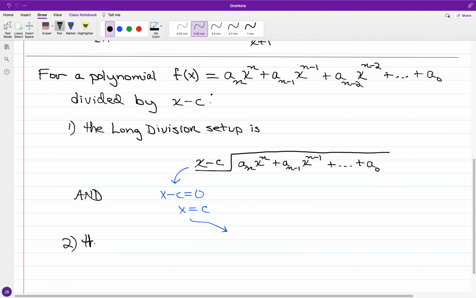Now for the synthetic division setup, we have the zero of x minus c, which we have as the letter c, and this is going to be isolated.